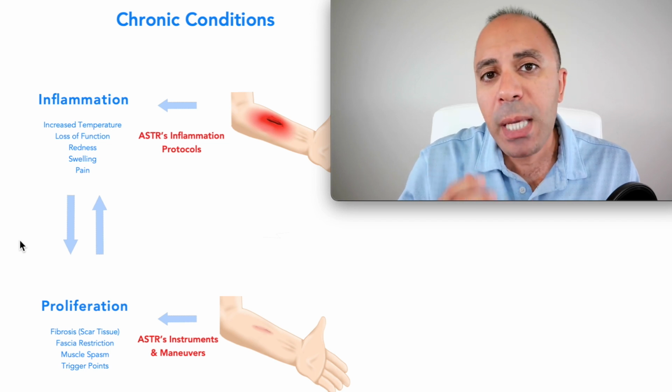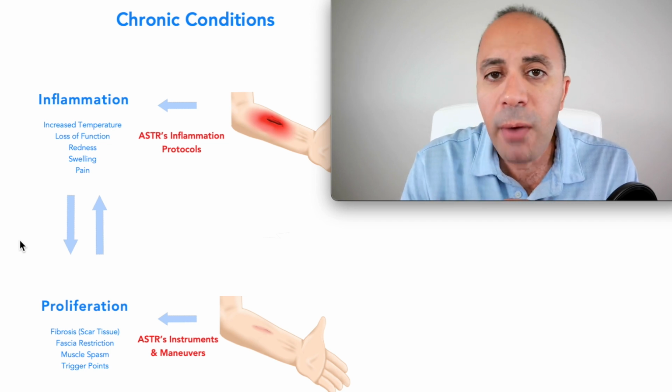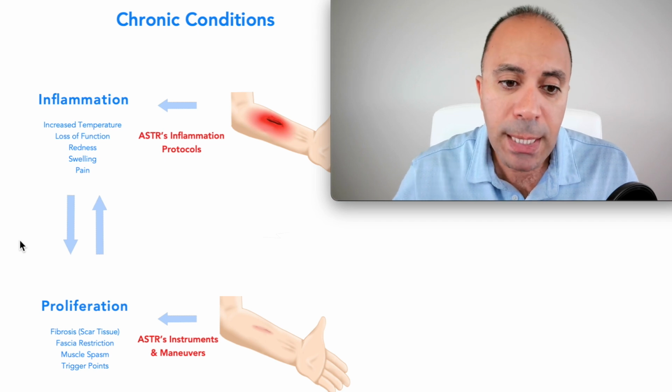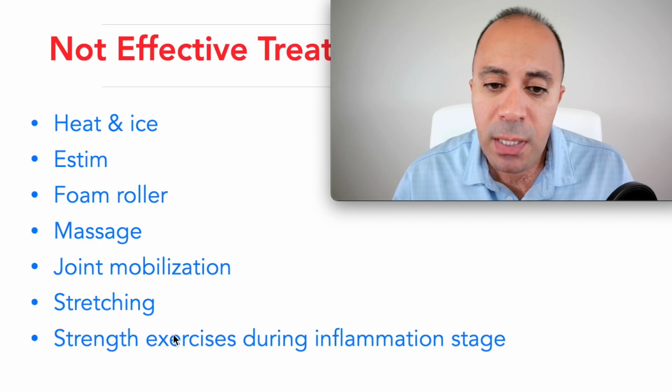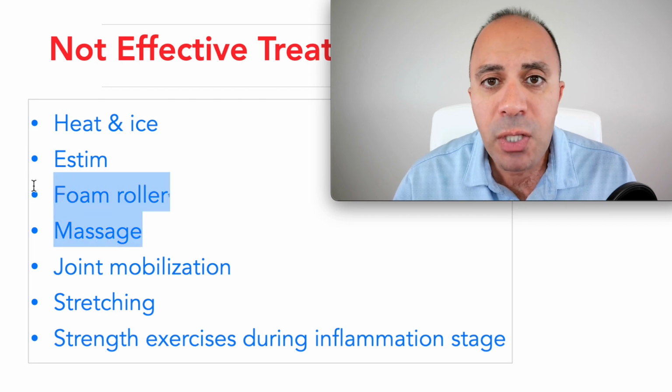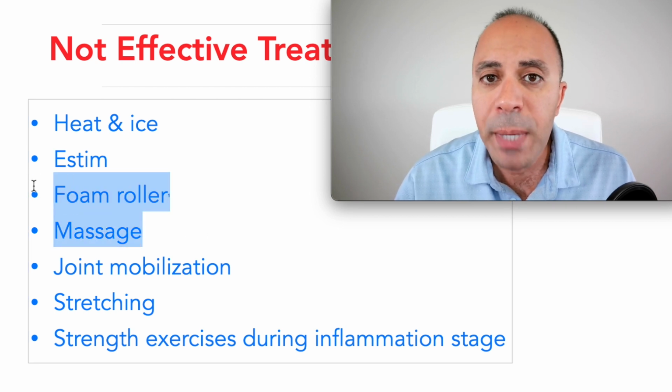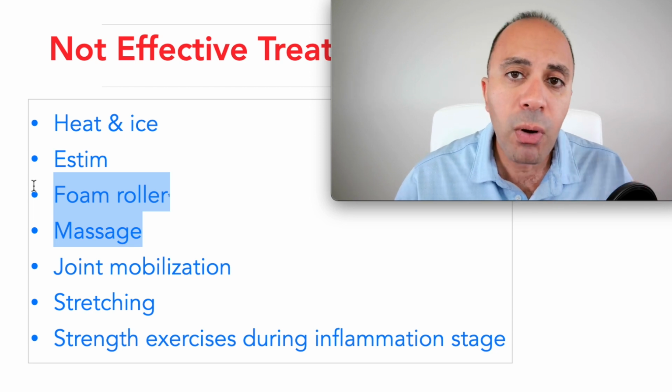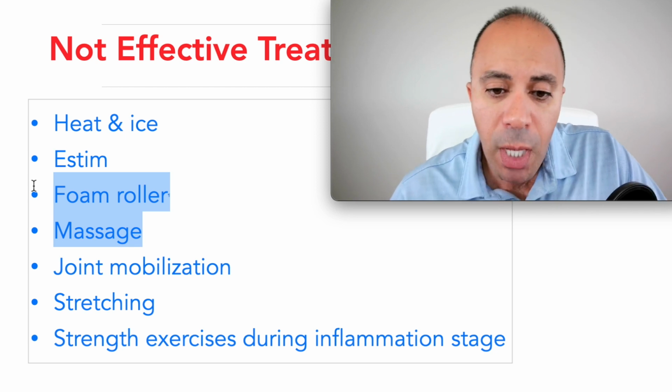We need mechanical force to go deep enough to really do the deep release. And based on the studies, several systematic reviews showed that massage and foam roller provide either short-term pain reduction or no pain reduction. So there is no long-term pain reduction.